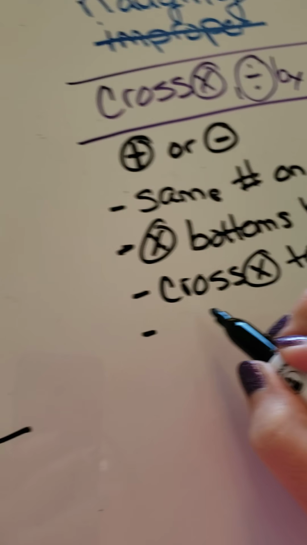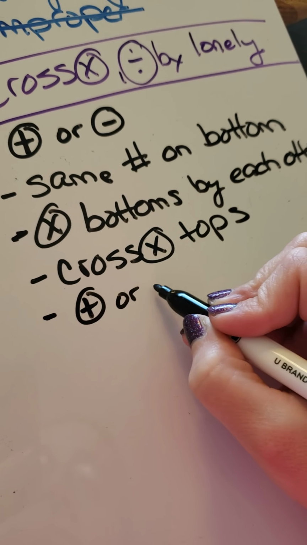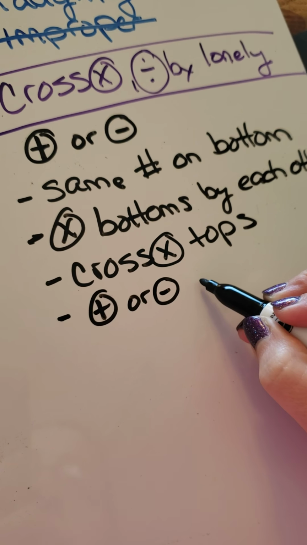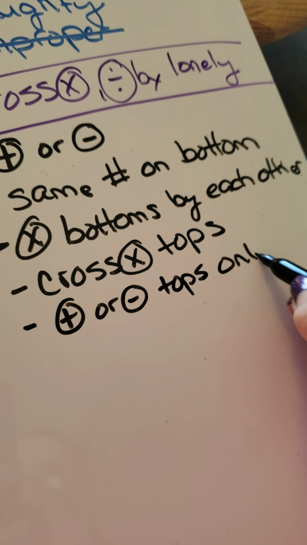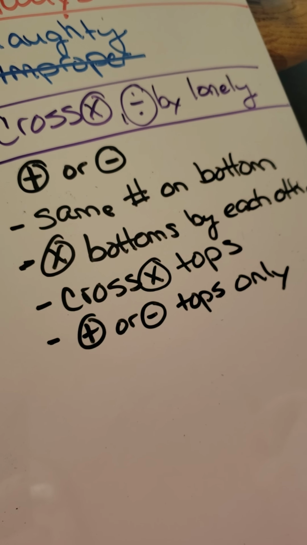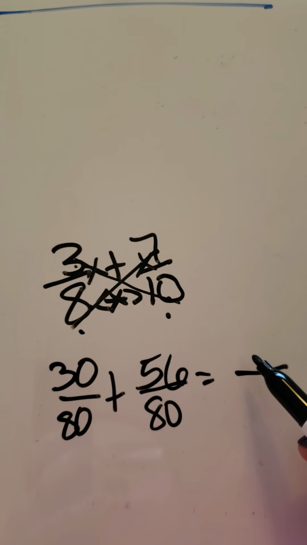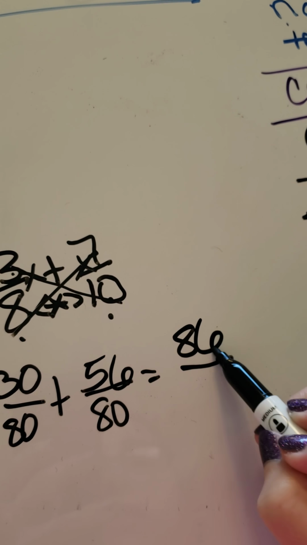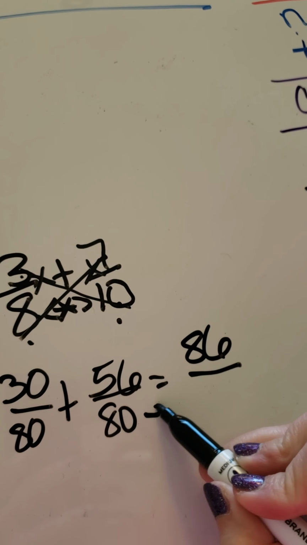Next step is we are just going to add or subtract just the tops. Okay, 30 plus 56 is 86. The bottoms just slide over.